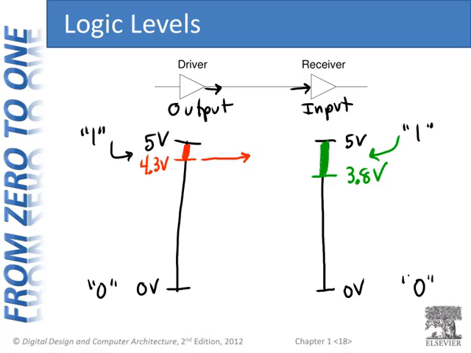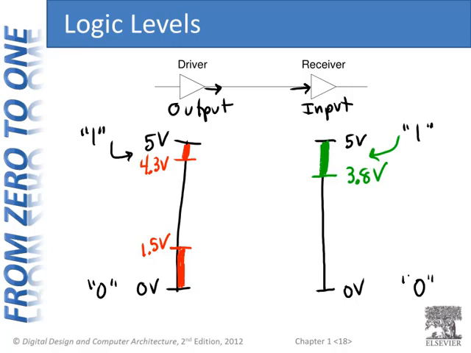Same thing on the low end, on the 0 end. Let's say the driver sends something like 1.5 volts as a 0. That's a degraded 0. It's definitely not 0 volts, but kind of close.